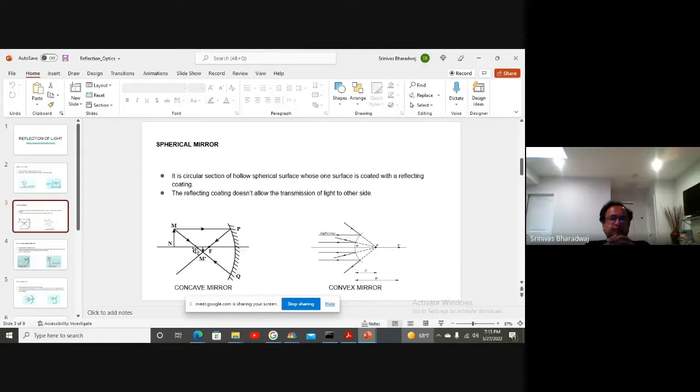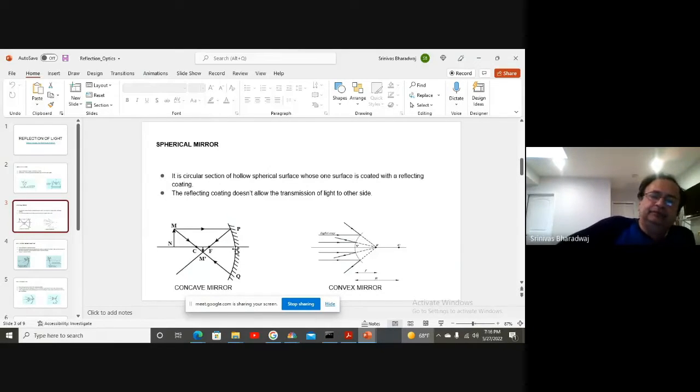Okay, behind the focus. This distance from F to the mirror is called the focal length. Okay, this point F is called the center of focus, and its distance from the mirror, using the line that connects the center of curvature and the focus, this line will give you the focal length.